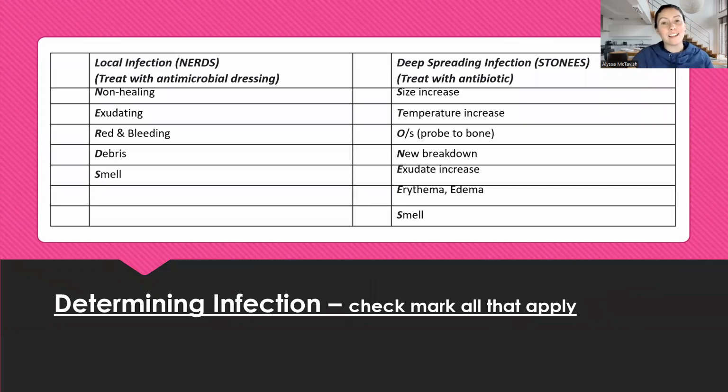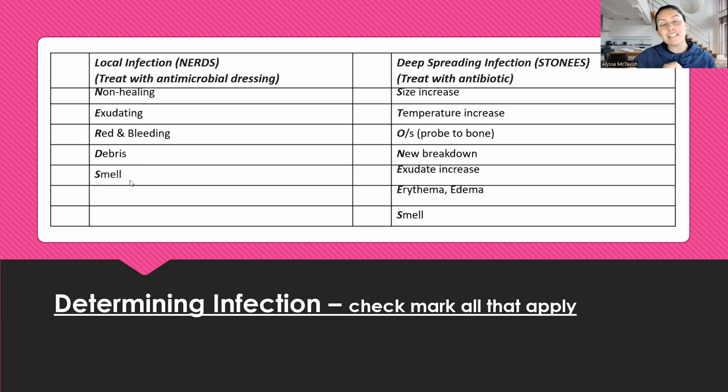Now, talking about signs of infection, we need to determine, is there infection? Okay, so we need to use our NERDS and Stoney's chart. Okay, so if you're not sure what that is, I'll kind of go over it here. So local infection is, they use NERDS, it's called. So non-healing, exudating, red and bleeding, debris, and smell.